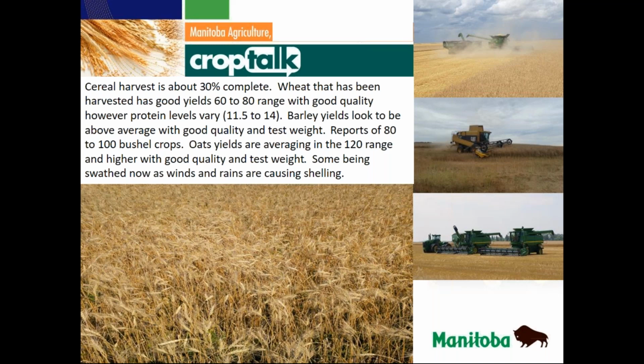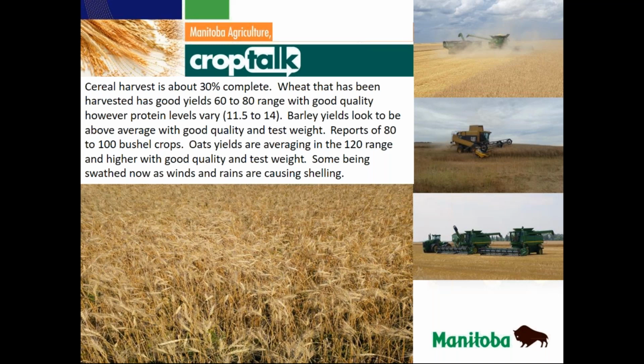From as far north as Riding Mountain Park down to the U.S. border, a lot of the barley has been harvested. There's still some out there, but right now the yields look to be above average in most cases, with really good quality and test weights. I'm hearing reports of anywhere between 80 and 100 bushels an acre, in some cases even a little bit higher. So the barley crop has come off fairly well this year.